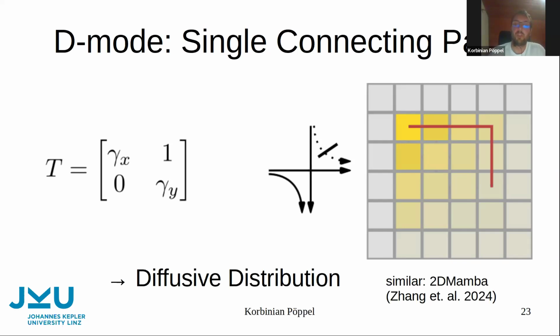So we fix the transition matrix here to this structure. The gamma terms here have to be 1 for a stable propagation for a long range, but can be smaller than 1 in norm. And by fixing this bottom left entry of the matrix to 0, we remove this connection from the top to the right of the transitions.